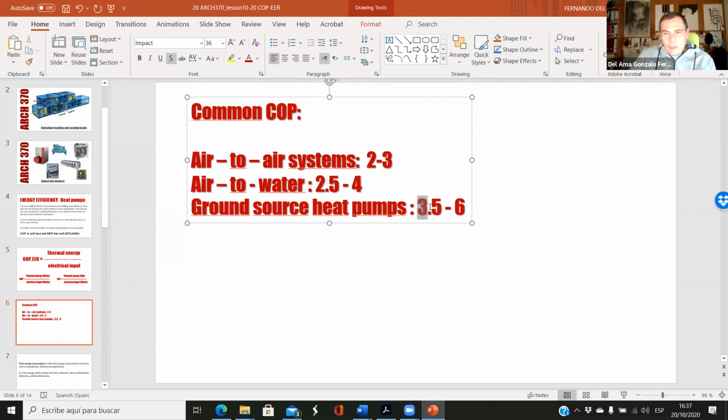What if we have a 3.5 ground source heat pump and we have a 4 air to water heat pump? Okay, so this is better than this. Yep, but usually when we have only a 3.5 ground source heat pump, it's because of the outdoor conditions. So under these conditions, we won't have a 4 air to water, we will have a 2.5 air to water. So ground source heat pumps are always better than others.